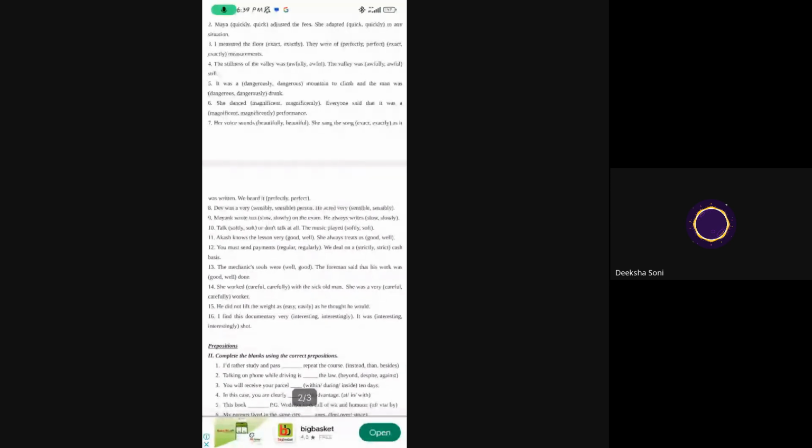Because well is not something that is used commonly or used in convention. So good is the appropriate choice of answer. The mechanics tools were good. The part of the sentence that is being described or qualified are the mechanics tools, which are nouns. So obviously the adjective good would be used.